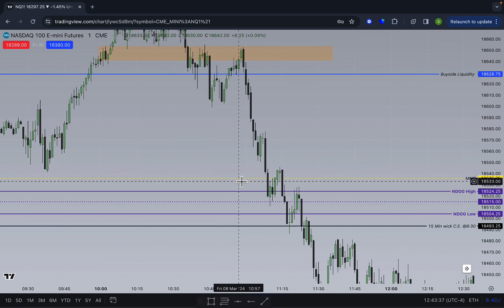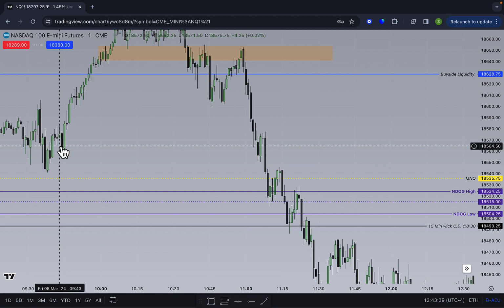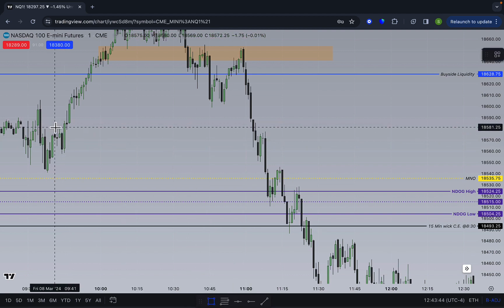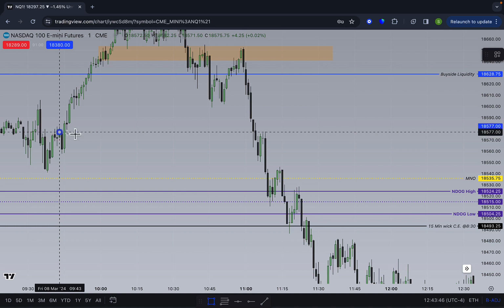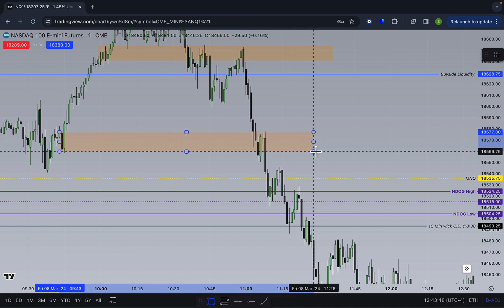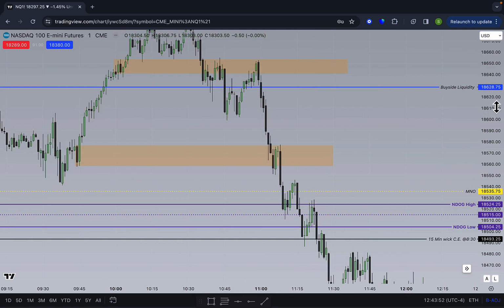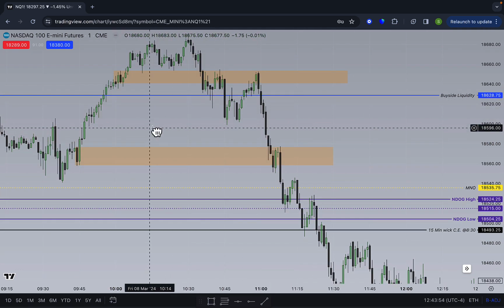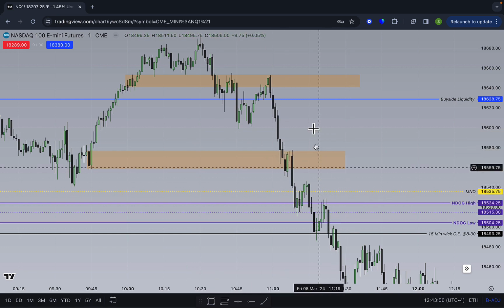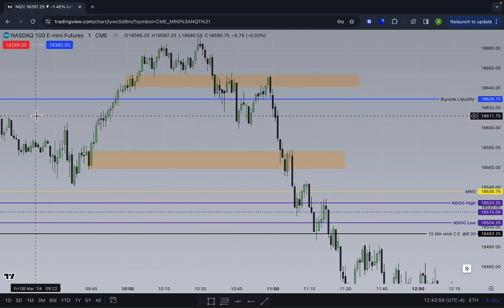Okay, it falls down. You have another mitigation block here. Anytime you see these big moves up following after a down close candle, assume that that has a chance to become a mitigation block or point of entry for continuation lower or higher, depending on where it is.